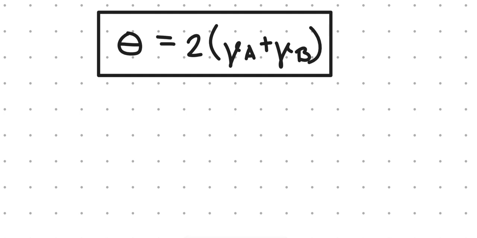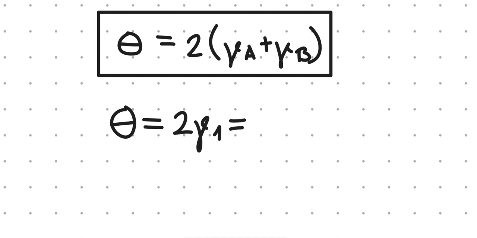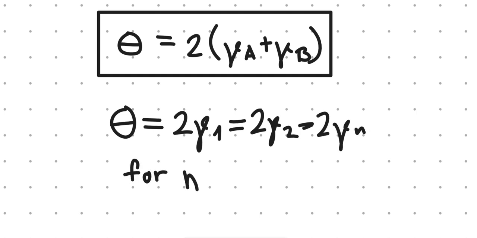So in the last equation, we can just say that theta is 2 times gamma 1, or for any gammas between the circle segments. So it can also be 2 times gamma 2 or 2 times gamma n, for n being a natural number, which is positive, so not equaling 0.